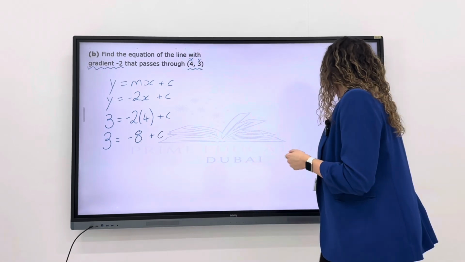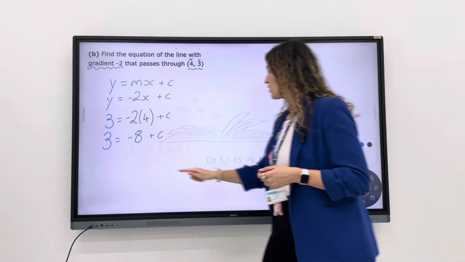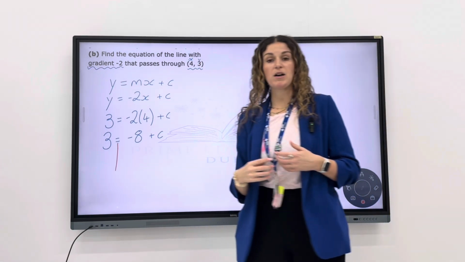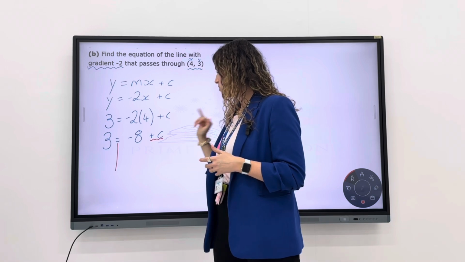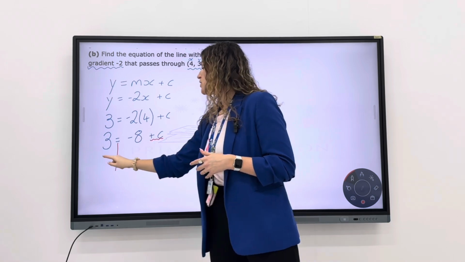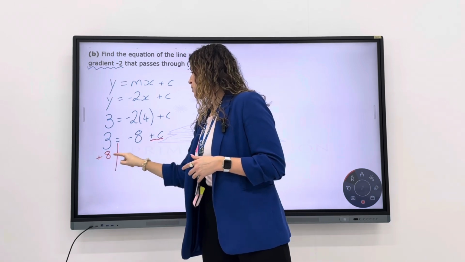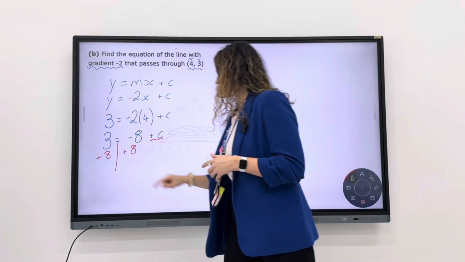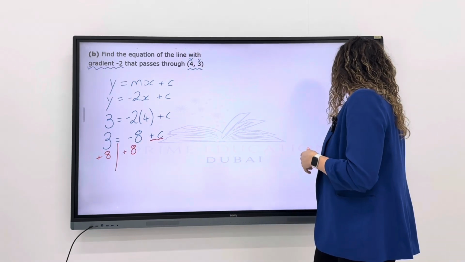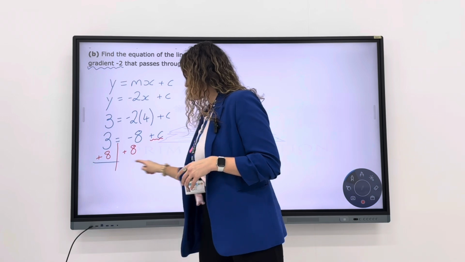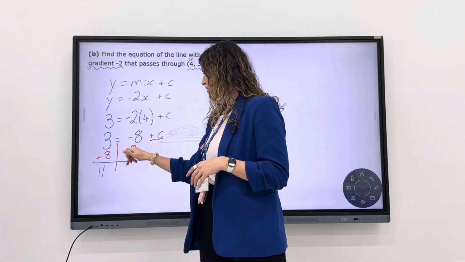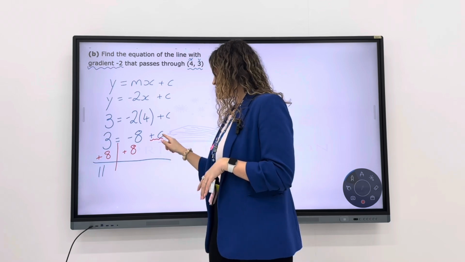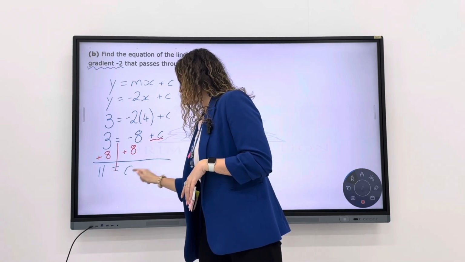Now, when we solve, remember we think about doing the inverse. I want c on its own, but I have a -8 here, so I'm going to add 8 to both sides. Once I've done that, I am left with 3 plus 8 is 11, and -8 plus 8 is eliminated, so 11 is equal to c.